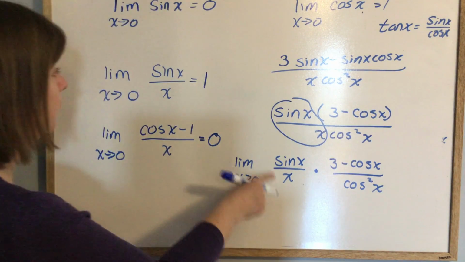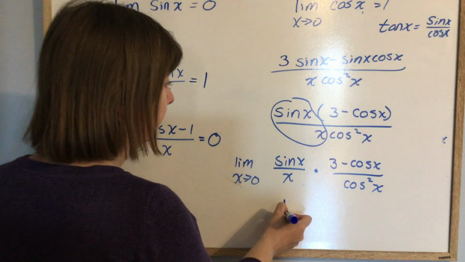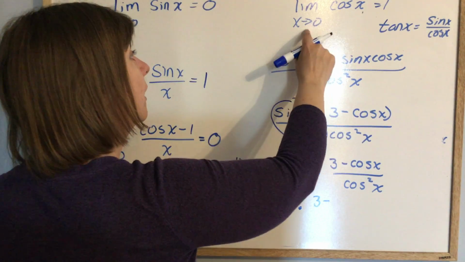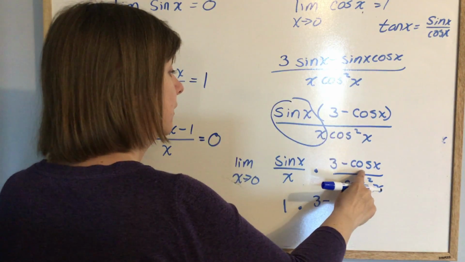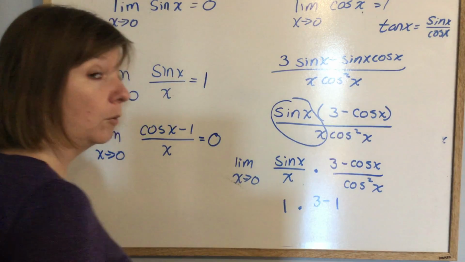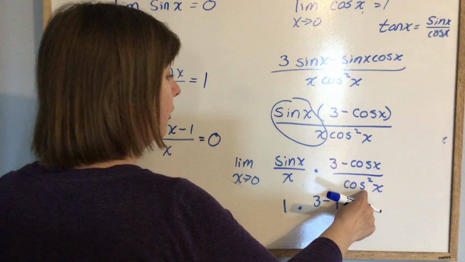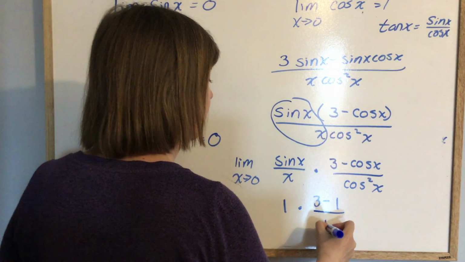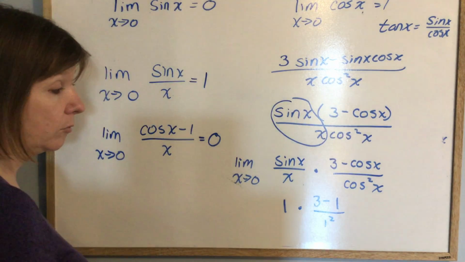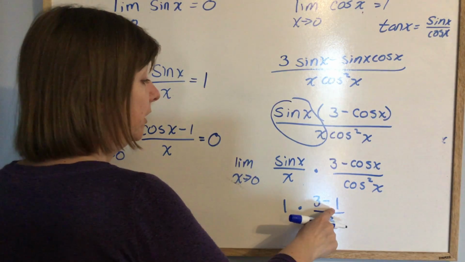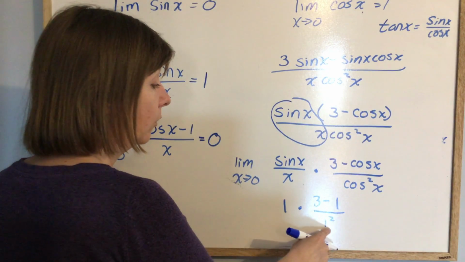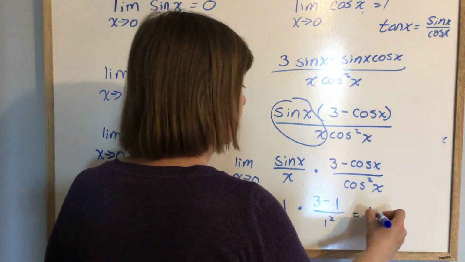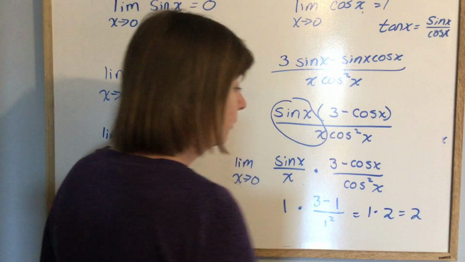So for sine x over x, that's 1, times 3 minus, now what is the limit as x approaches 0 for cos x? It's actually just 1, so I'm going to put that 1 there. And this is cos squared x. Well, for cos x, it's 1, so this would just be 1 squared. So 3 minus 1 is 2 over 1 squared, so 2 over 1. So this is really 1 times 2, which is 2.